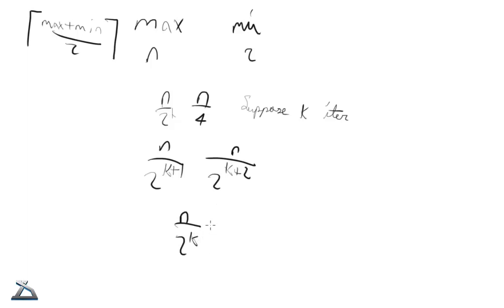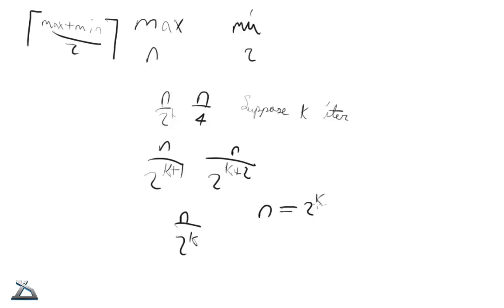The point being is that through induction, it's easily demonstrated that this keeps going. So basically what happens is, given a search space of n, this search space is divided into a fraction 2 to the k of it.